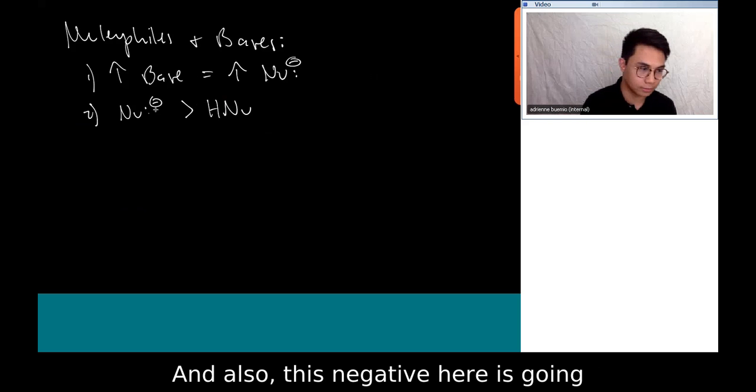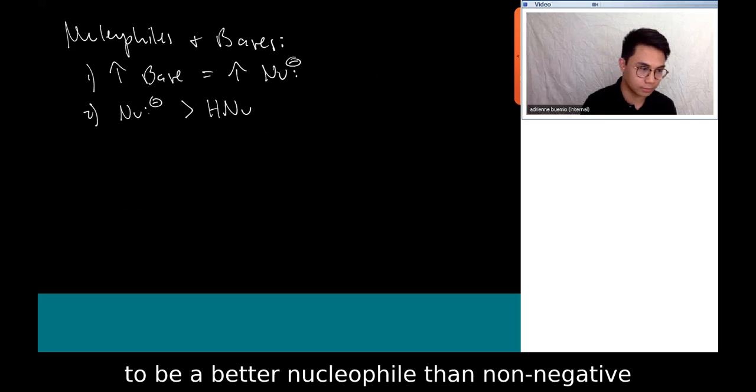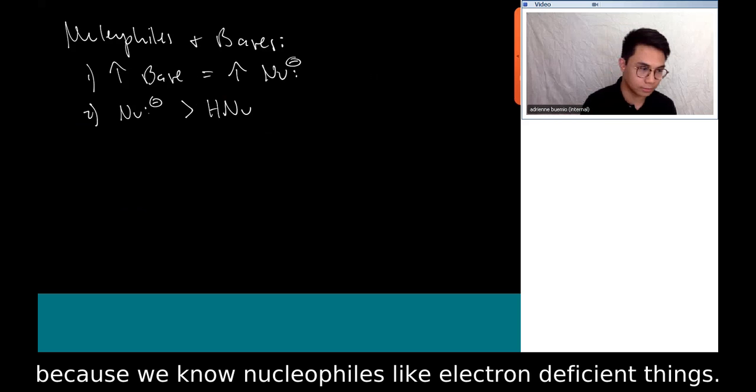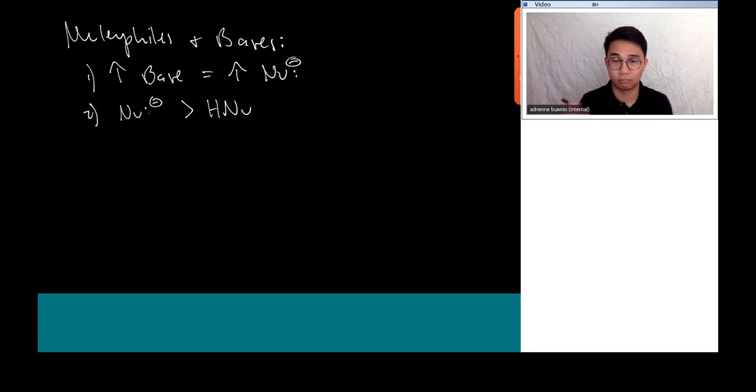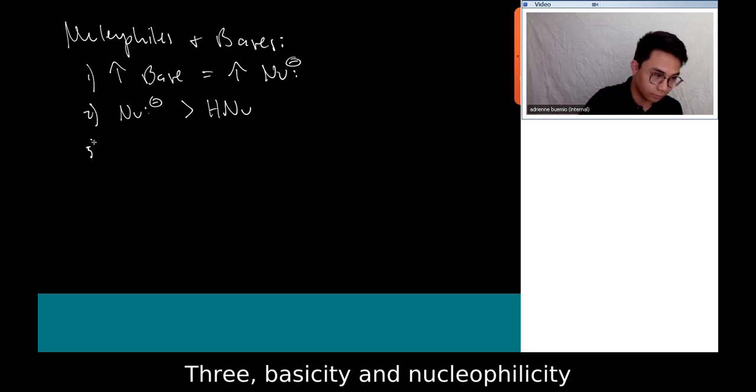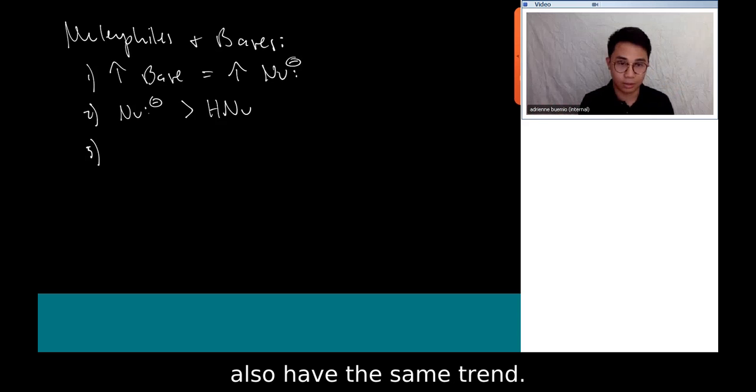And also this negative here is going to be a better nucleophile than non-negative, because we know nucleophiles like electron deficient things, right? And this is electron rich. So, yeah. Okay. Three, basicity and nucleophilicity also have the same trend.